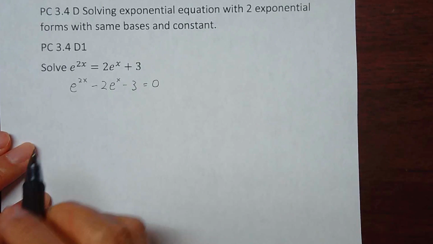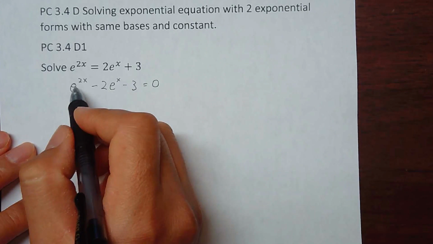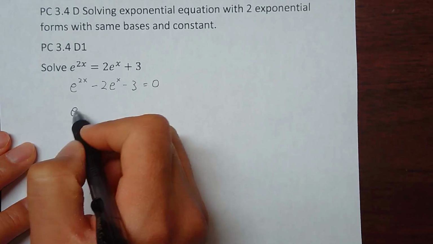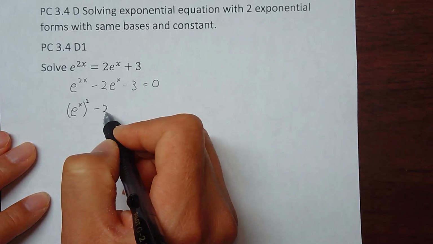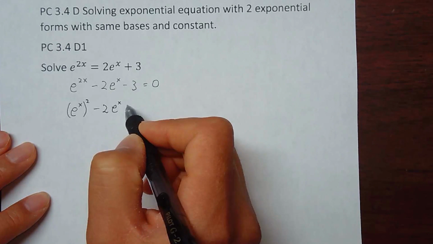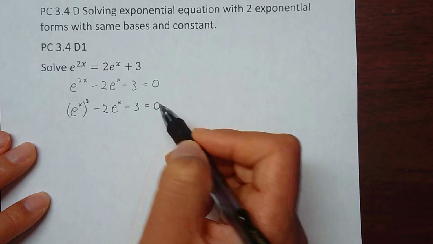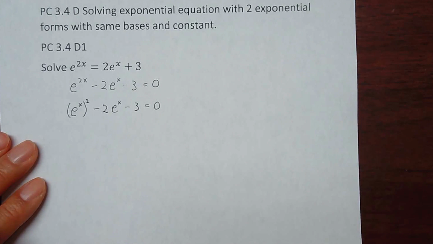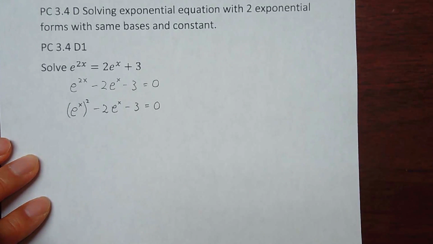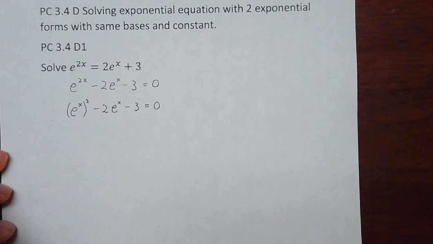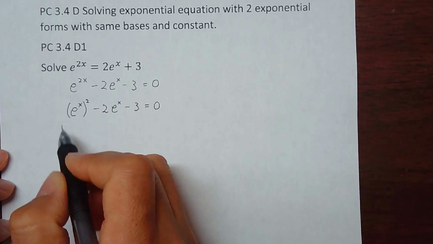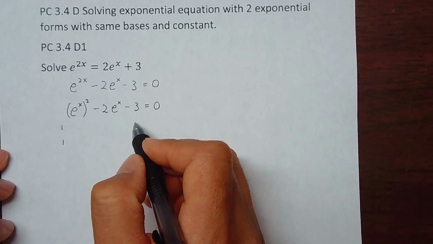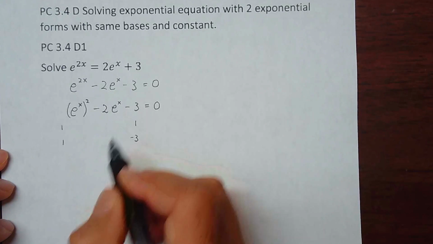If you look at this expression, e to the 2x power is equal to e to the x power, parenthesis, second power, minus 2 times e to the x power minus 3 equal to 0. So this is a quadratic expression with a factoring. 1 times 1 makes 1. 1 times minus 3 makes minus 3.